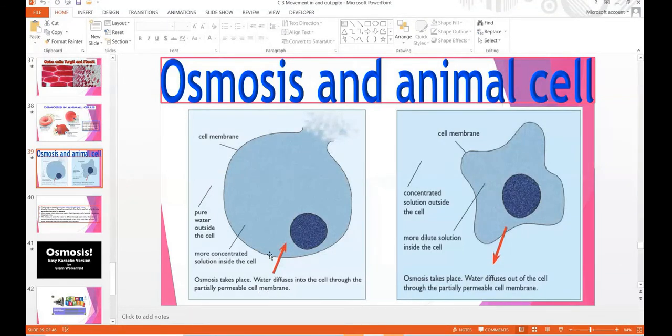Why is the water diffusing into the cell? Where is the water concentration high now, inside or outside the cell? Who's going to tell me? Why is the cell turgid or swollen? What's happening here? Didn't we study about the flaccid cell and turgid cell? Do you all remember, or you forgot already?